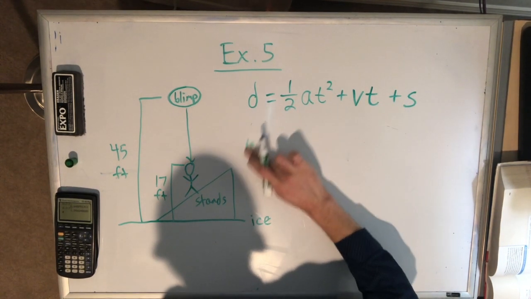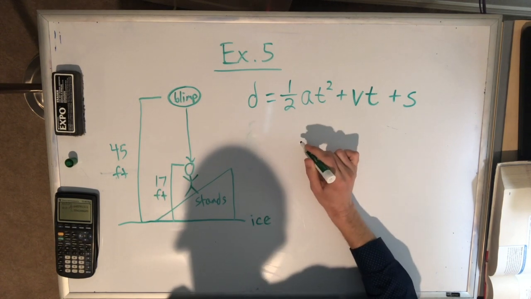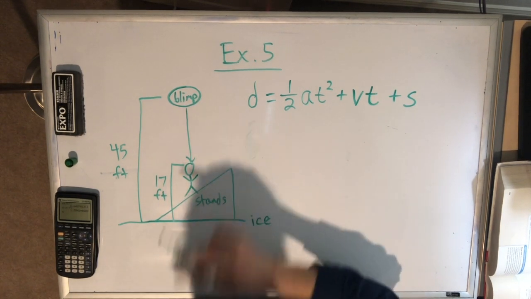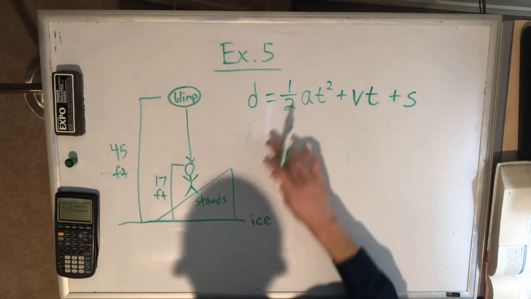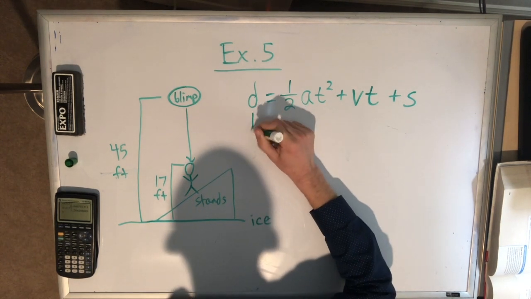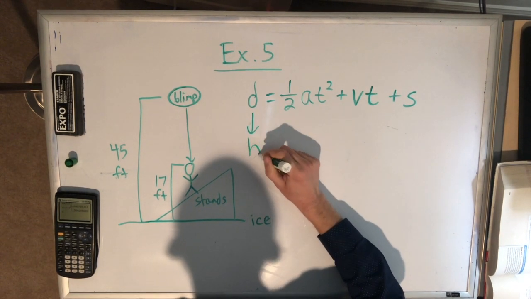Okay, so the distance the object travels is equal to the height. Let's replace distance with height.